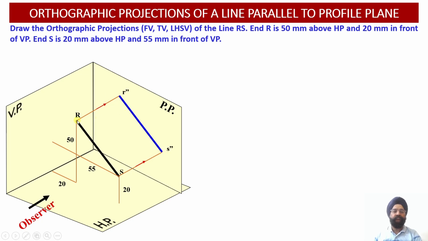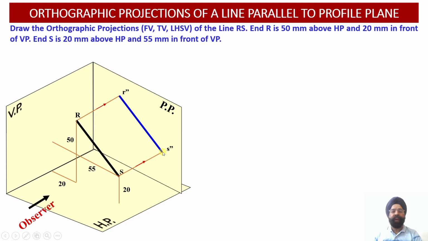Having obtained the points R double dash and S double dash, we can join them to obtain the true length projection of this particular line RS onto the profile plane.